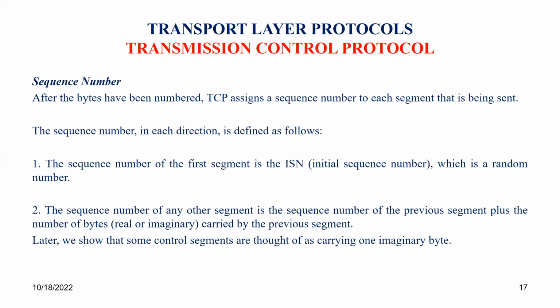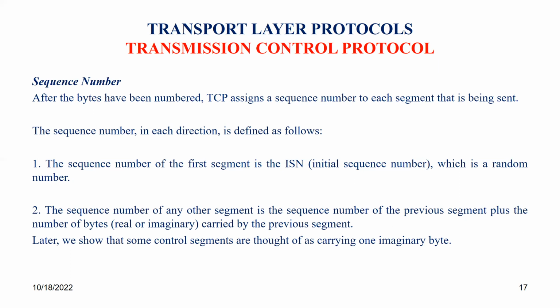Then comes the sequence number. After the bytes have been numbered, TCP assigns a sequence number to each segment that is being sent. The sequence number in each direction starts with the ISN, the initial sequence number, which is a random number.